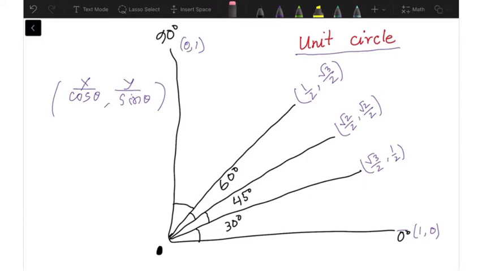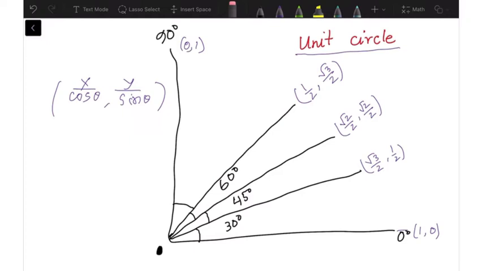Only the 45 is always square root of 2 over 2, square root of 2 over 2. And 30 is square root of 3 over 2 and half. Once you remember 30 and 45, you know 60 degrees as well, because 60 degrees is the opposite of 30 degrees. And 0 degrees is just 1 and 0, and it also has another hint on it.